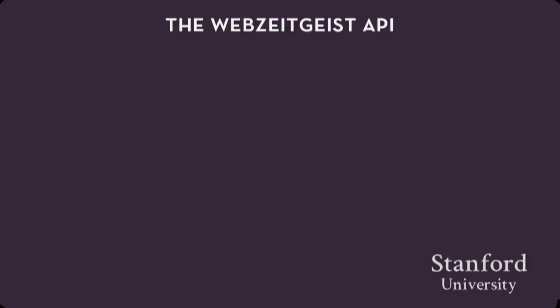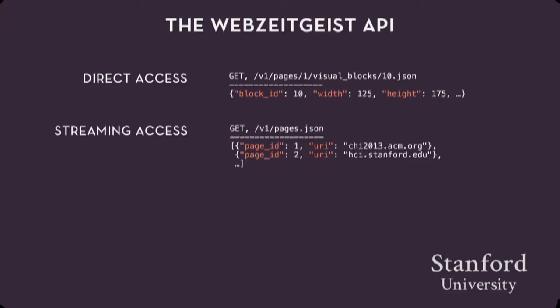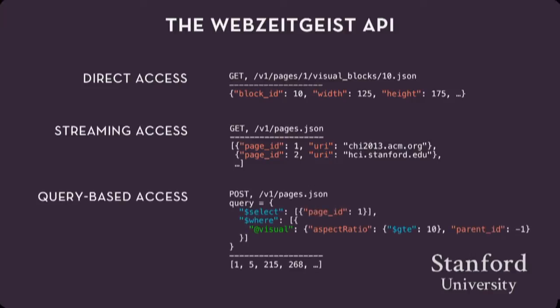The Website Geist API is optimized for 3 common use cases: direct or random access to specific design properties, streaming access to retrieve large swaths of the repository, for instance, for machine learning applications, and query-based access to allow for filtering based on design properties.